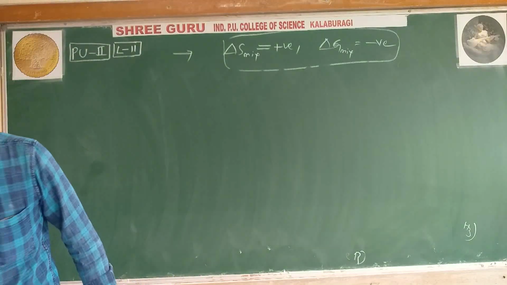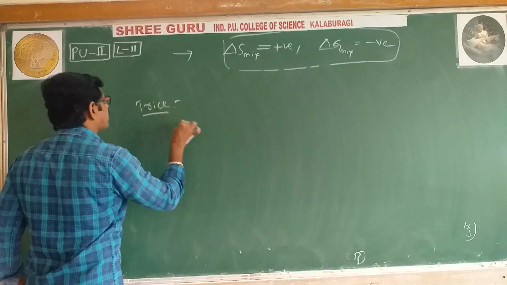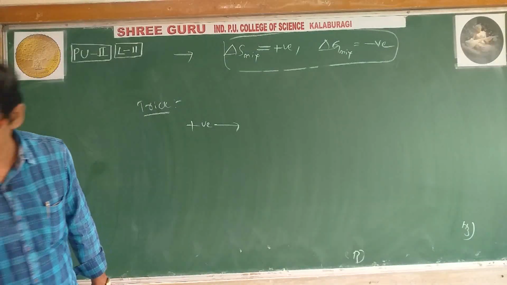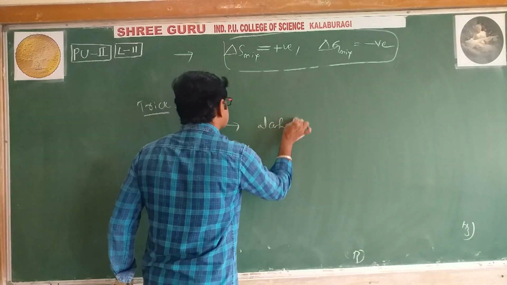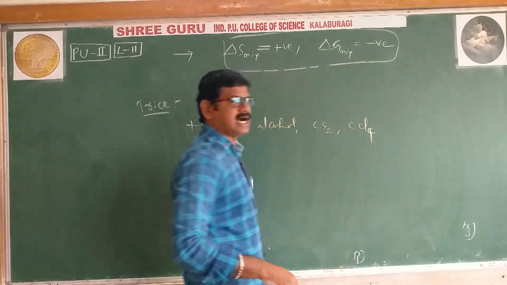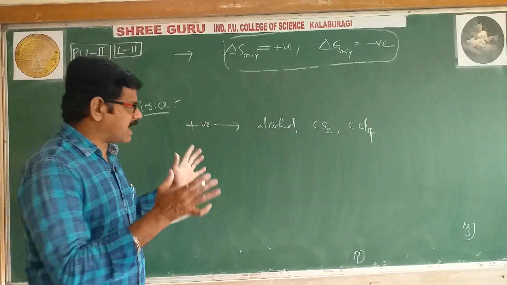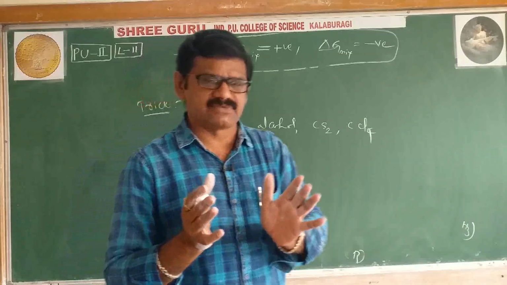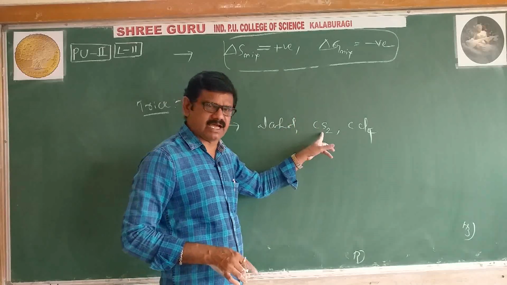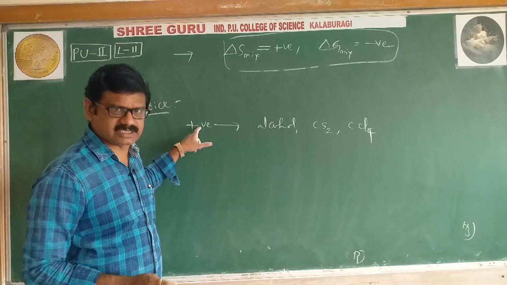For positive deviation, generally in your example, if one of the components is alcohol, or carbon disulfide, or carbon tetrachloride, then, of course, it is not 100%, but in maximum cases we can identify it with the help of this trick as positive deviation.